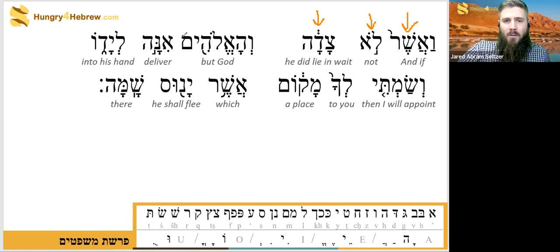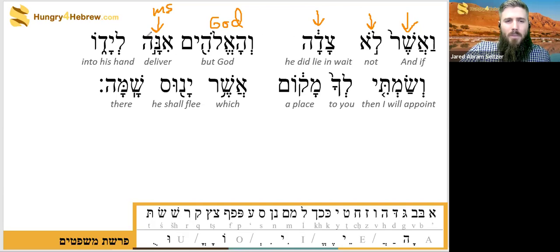Veha Elohim, and, or as they say, but God, or possibly even the judges. But here we get ina. Well, that's masculine singular. So this is probably big G, God. And God, ina, he delivered liyado. God delivered into his hands. Trying to understand exactly what's going on here.